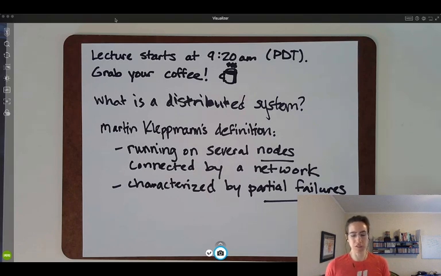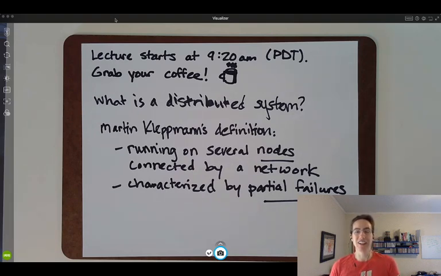There are some things that students brought up in the past when I asked this question about what is a distributed system. They said things like, a system where work is distributed fairly, or multiple computers behaving as a single computer. And these are good answers, but they're also, I think, very optimistic.